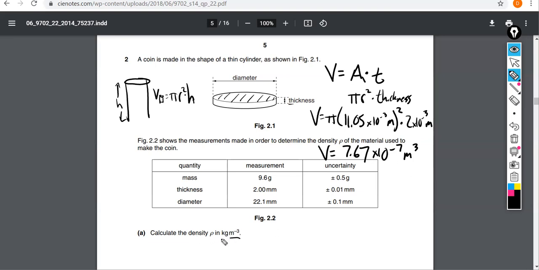I want the density in kilograms per cubic meter, so I need to convert the mass from grams to kilograms. If density is mass per volume, and the mass is 9.6 grams, that's 0.0096 kilograms. I'm just dividing by 1,000 because there are 1,000 grams in a kilo.